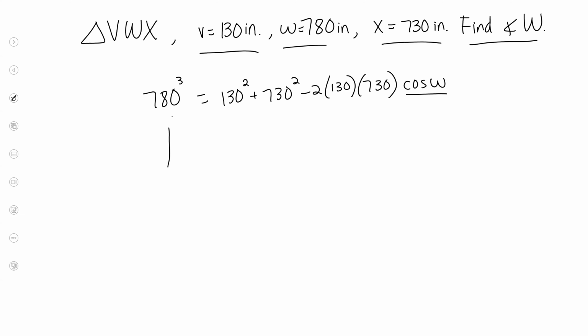These have to match. This is side W and cosine W, the angle. I'll make this a capital W so you know this is the angle W. Okay, and then the other sides, they just go in here.